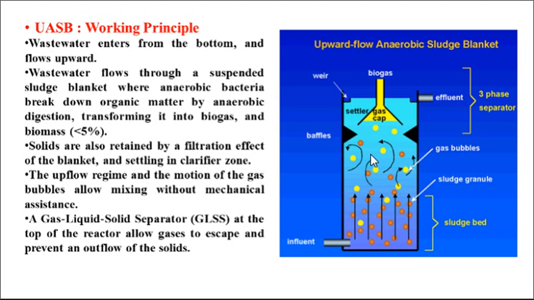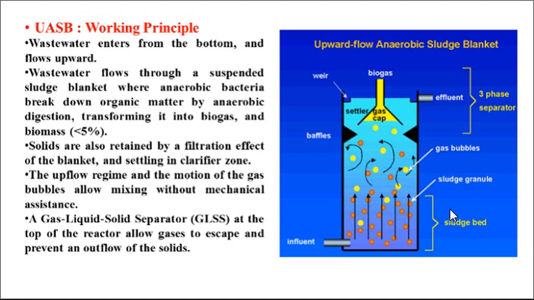Solids are also retained by a filtration effect of the blanket and settling in the clarifier zone. The upflow and the motion of the gas bubbles allow mixing without mechanical assistance. A gas liquid solid separator at the top of the reactor allows the gas to escape and prevents an outlet of the solids.